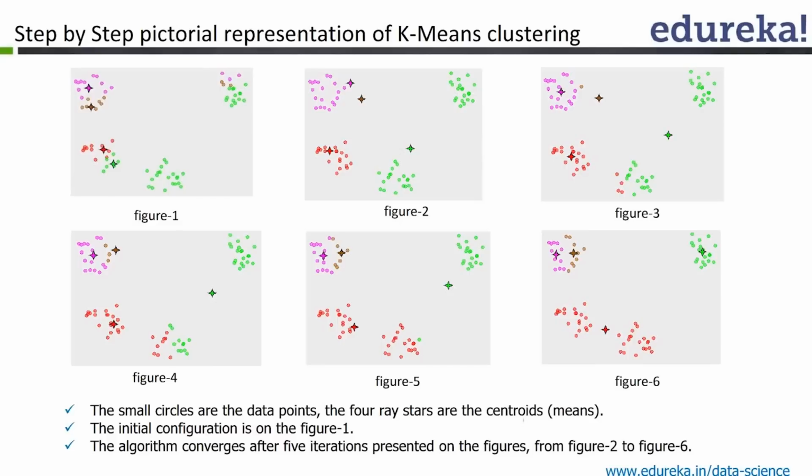That may be a problem with the way it's shown on your screen, but this is pink, this is brown, this is red, and this is green. So these 2 are not pink. One is pink, one is brown. Yes, in this case, k equal to 4.